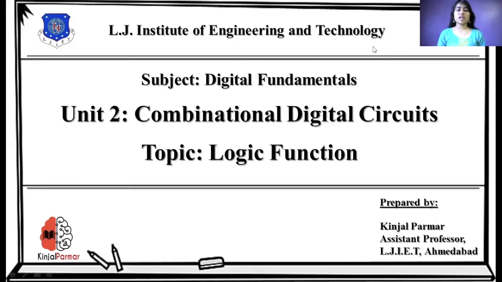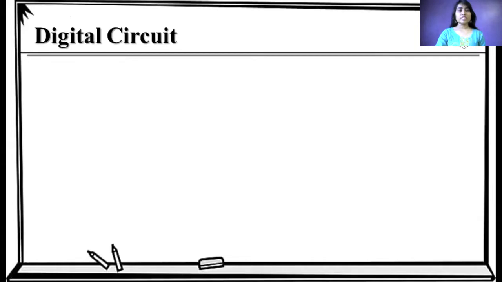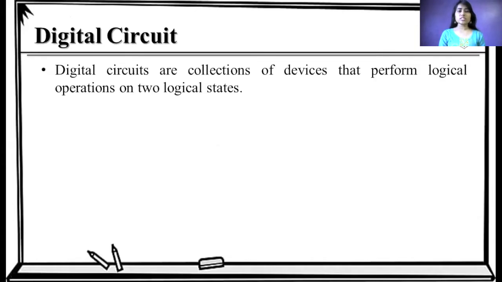Today we will start the second chapter, combinational digital circuits, in which today we will discuss logic functions. So first, let's start with the digital circuit. Digital circuits are a collection of devices that perform logical operations on two logical states, that means logic 1 and logic 0.